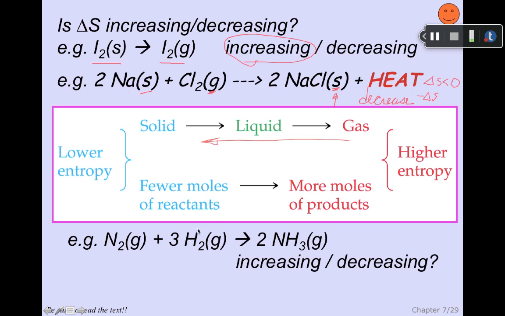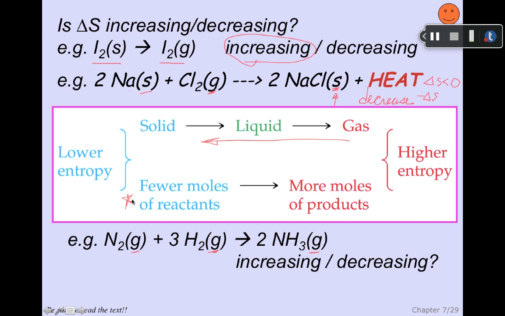Now, the last example for today, on the bottom of the screen, is the nitrogen and hydrogen reaction making ammonia. I've told you that one is a very common example. It's used for lots of things. Well, how do you know if entropy is increasing or decreasing? It's all gases here. There's nitrogen gas and hydrogen gas making ammonia as a gas. Here's where you have to count the number of moles. This is easy counting because you just look at coefficients.